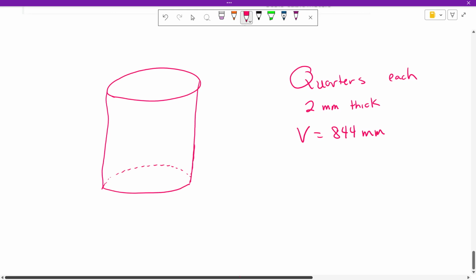Okay? 844 millimeters. And the radius of your quarter is, let's just say it's 12 millimeters. How many quarters do you have in that stack if we know this information?